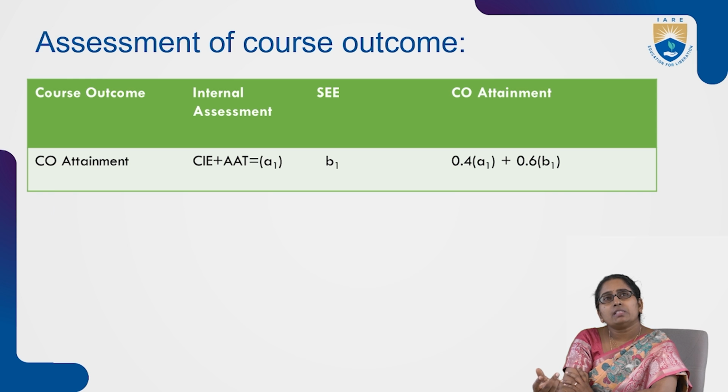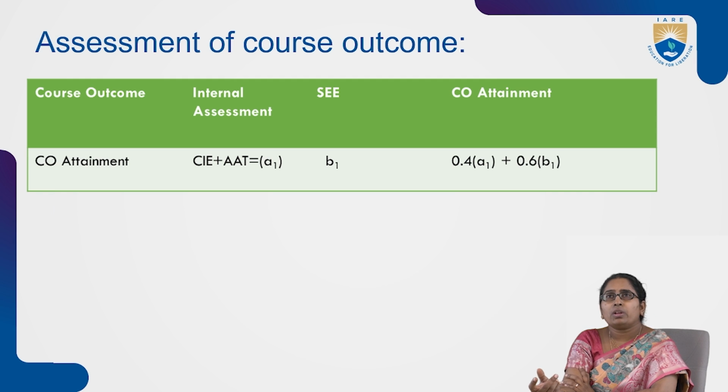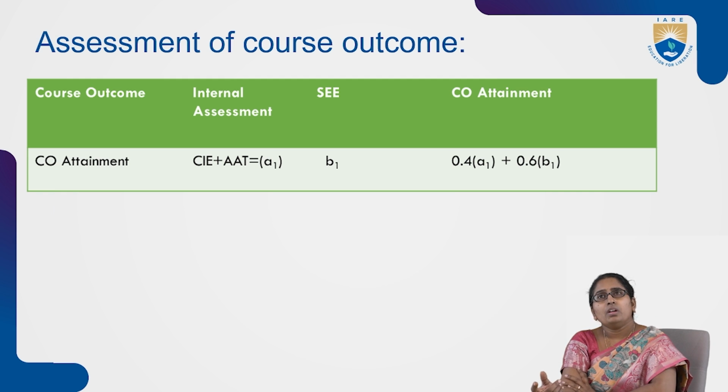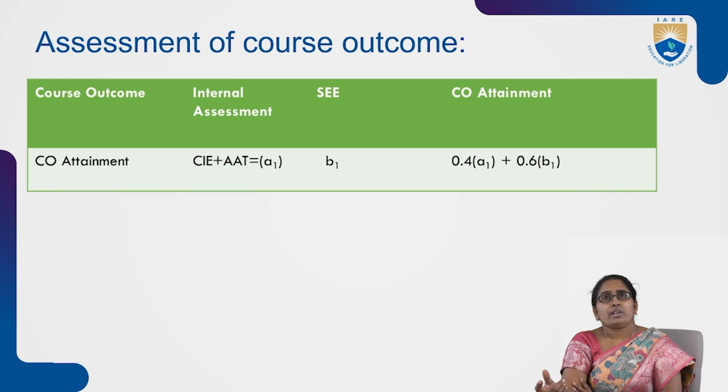Finally, the CO attainment is calculated as 40% of the internal exam assessment plus 60% of the semester end exams, that is 0.4 A1 plus 0.6 B1. From that they will check the CO attainment.